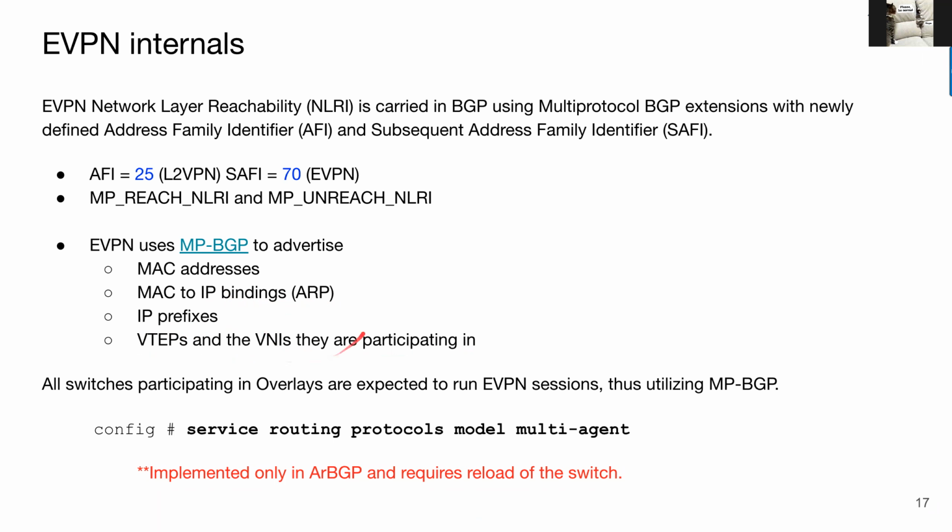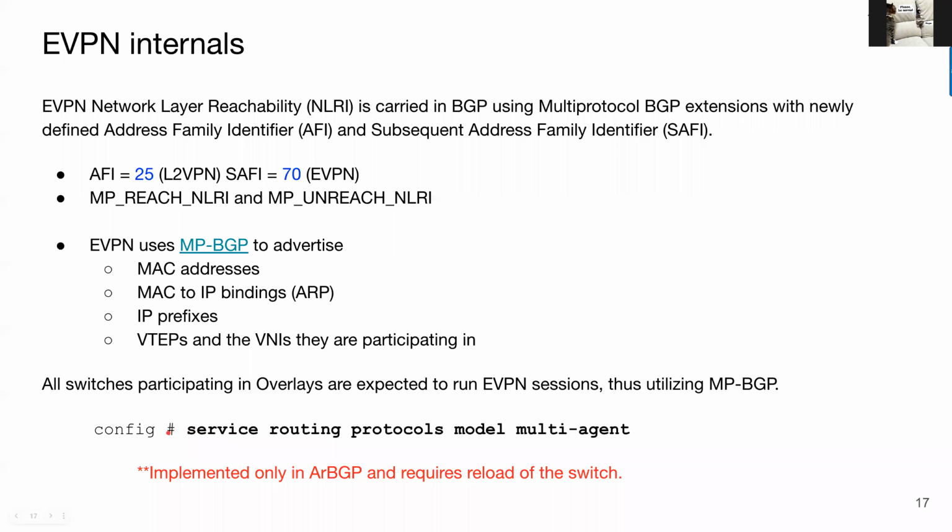So keep this in mind when we start talking about route types and which route type sends out which of these pieces of information. All switches participating in the overlays are expected to run EVPN sessions. It's going to be hard to talk to a switch and communicate control plane state with any attached host if they're not.